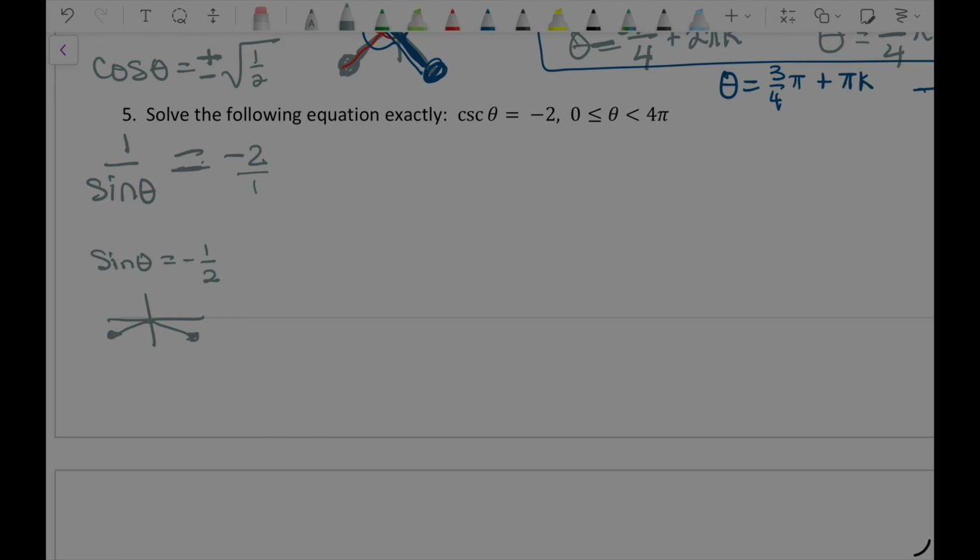So I would say this happens when theta is, let's see, what angles are these? 7/6 pi plus any full cycle later, and 11/6 pi plus any full cycle later.